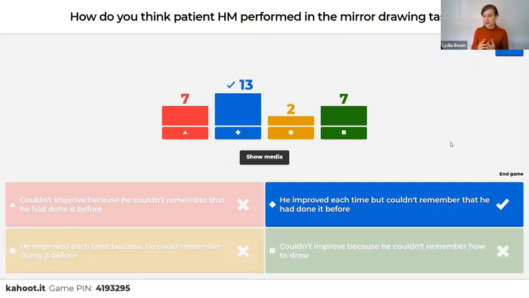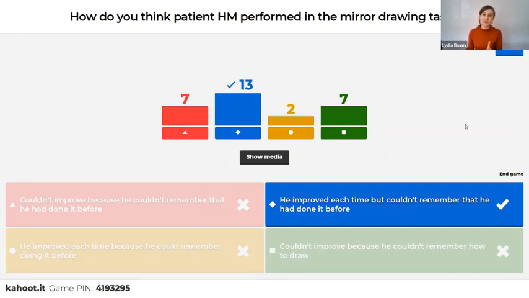So when scientists discovered that Henry had this problem, that he couldn't make any new memories, that he would wake up and couldn't remember what happened the day before or even years before, all he could remember were his childhood years. There was a scientist, a lady, who studied him and did loads of these tasks that we've just done, the mirror drawing task.